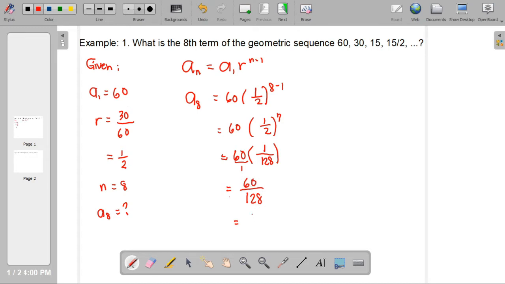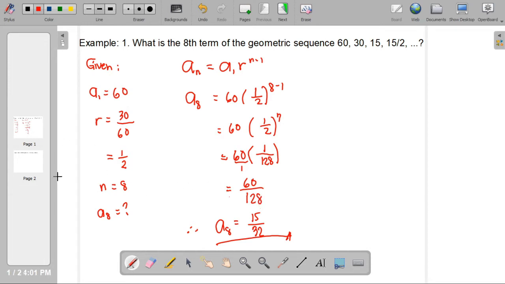We reduce it by finding the common factor of the two. So we divide 60 by 4 and that is equal to 15. 128 divided by 4, that is equal to 32. Can they be reduced further? No. Therefore, our a sub 8, or the 8th term of this geometric sequence, is 15 over 32.